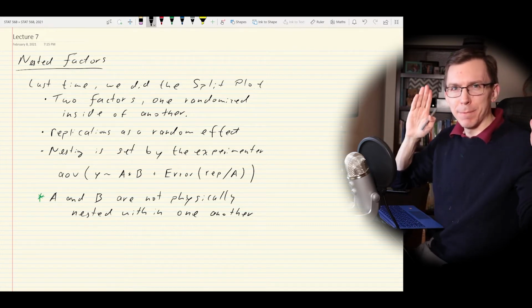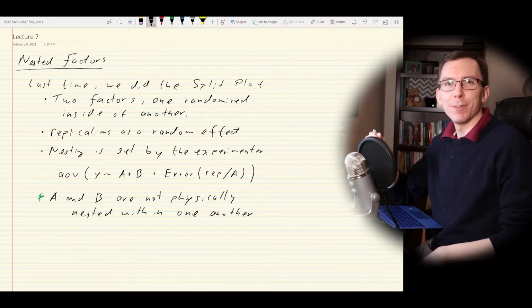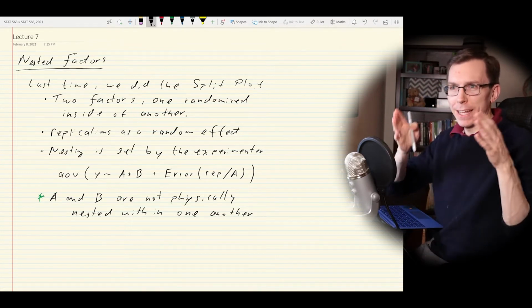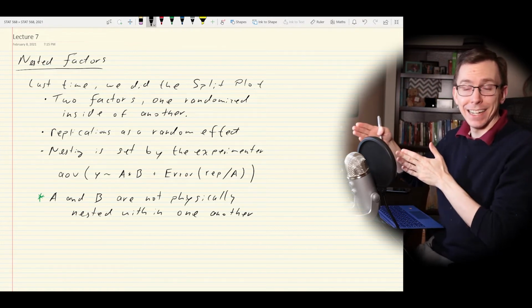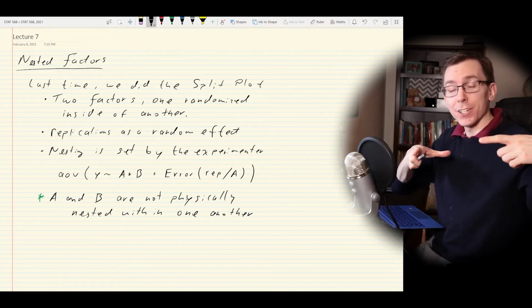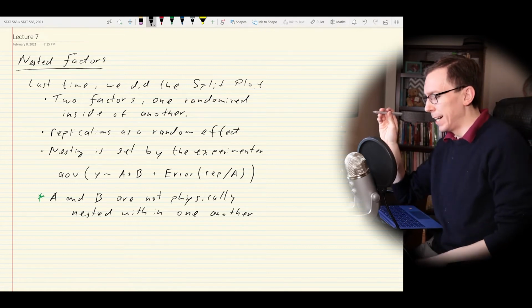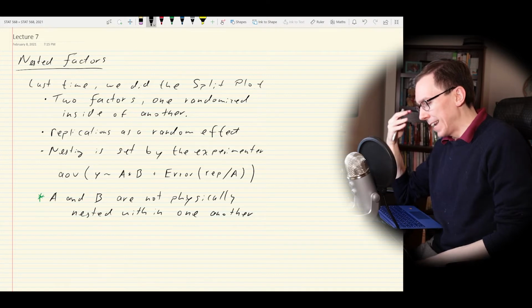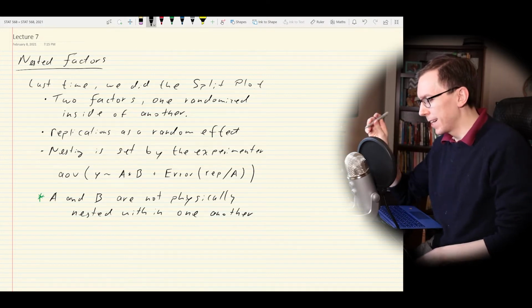Instead, you have to apply them to big pieces of land at once. So effectively what you would do is you would randomly assign big chunks of land to different A's, different pesticides, and then within those big chunks of land, you would have every different variety of plant B within there. So that's kind of the example, and hence why it's called a split plot design.